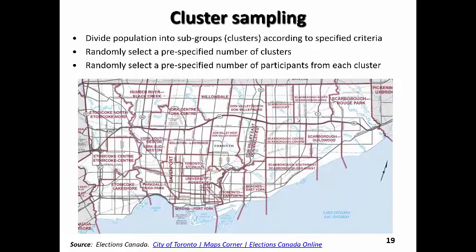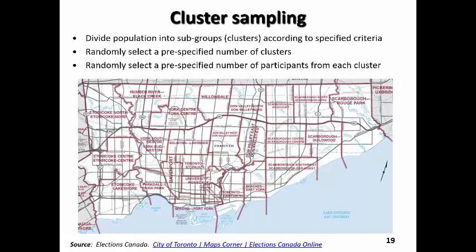On the bottom here, what we're looking at is the electoral map of the city of Toronto at the federal level. What we have here are these different ridings at the federal level. Cluster sampling is carried out in terms of obtaining polling information pre-election.